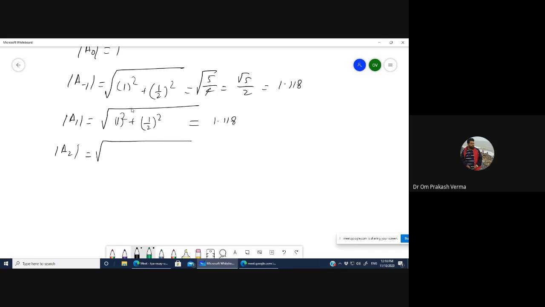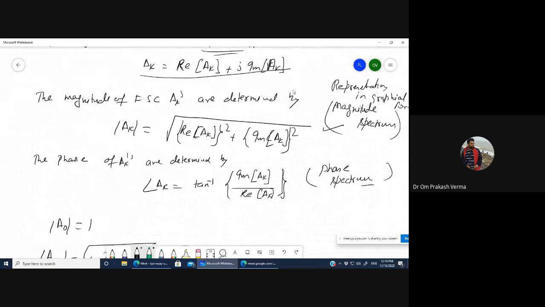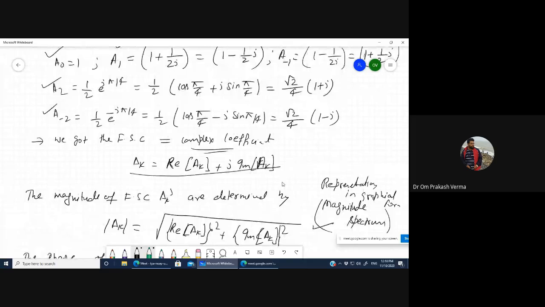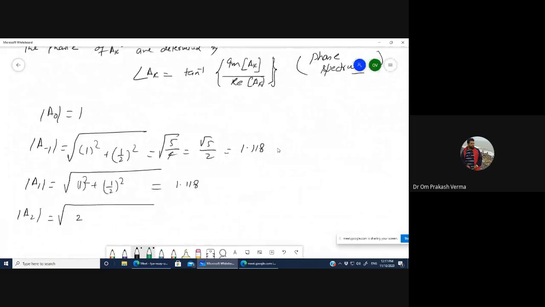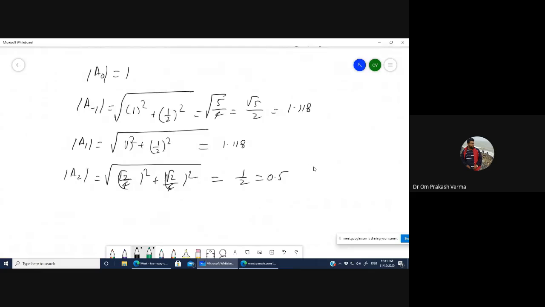A2 is root 2 by 4 times 1 plus j, so root 2 by 4 squared plus root 2 by 4 squared gives 1 by 2, that is 0.5. Similarly for A of minus 2, the sign is minus here, and root 2 by 4 squared plus root 2 by 4 squared again gives 0.5.